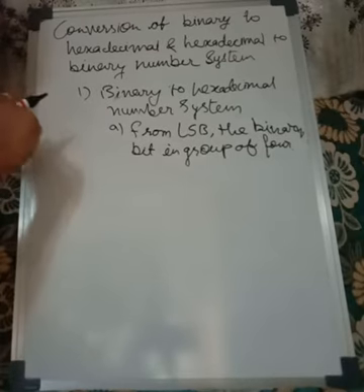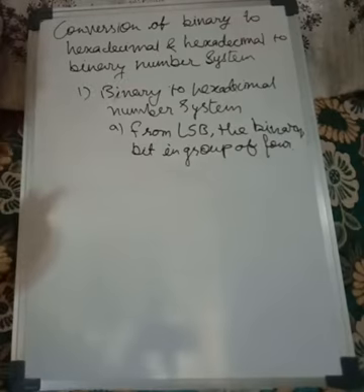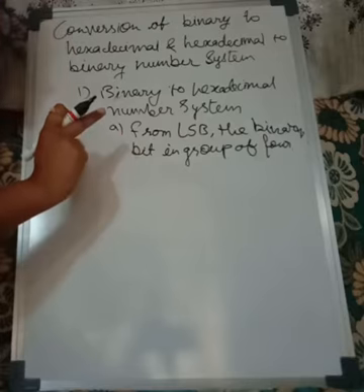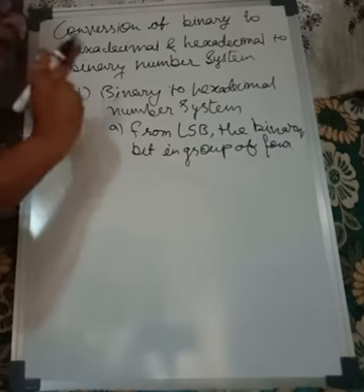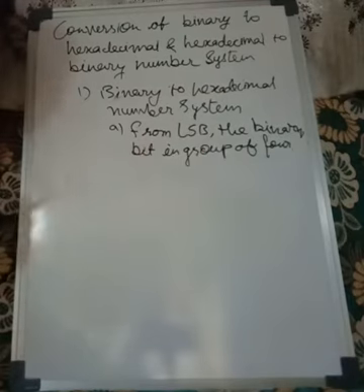What we had done in binary to octal number system, we had made the group of 3, and for binary to hexadecimal we are going to make a group of 4.